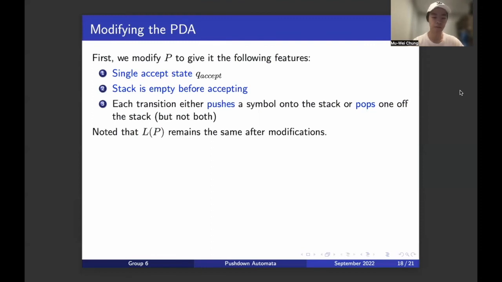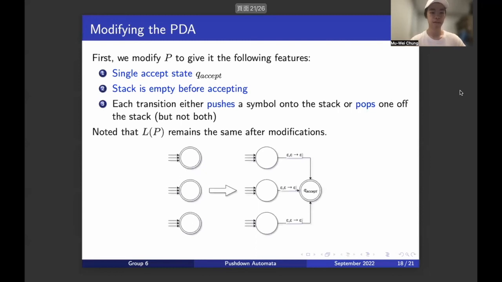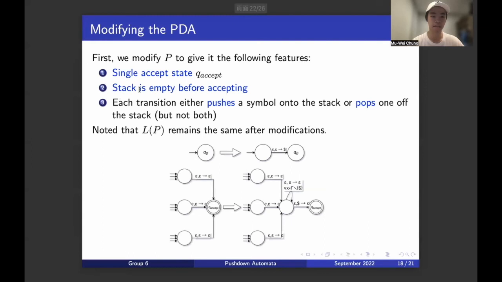So what exactly should we do to modify the pushdown automaton? First, it should only have a single accept state. We can do this by adding an epsilon transition from each of the original accept states to the new accept state. Second, the stack is empty before accepting. This can be done by pushing a special character, let's say $, to signify the empty stack at the start state.